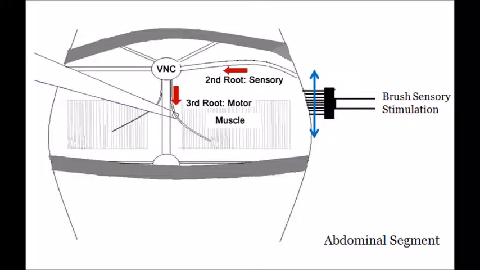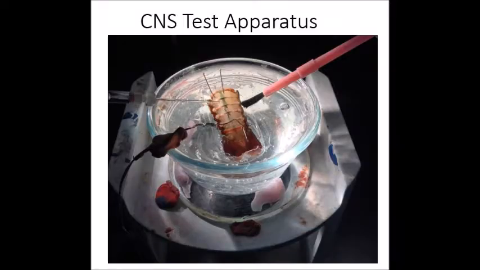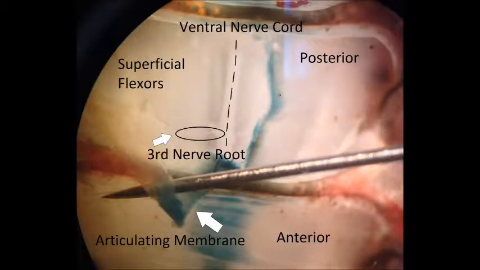The ventral nerve cord, as a side note, is kind of like our spinal cord, and that's what induces the motor neurons to act. So it goes sensory, ventral nerve cord, motor cord. Then again, we're recording from that third root.